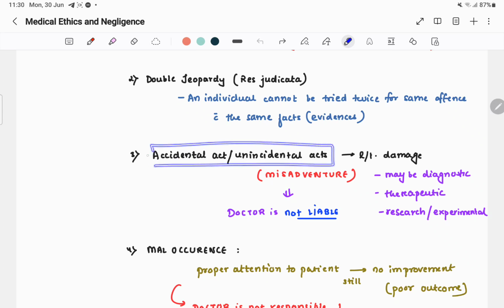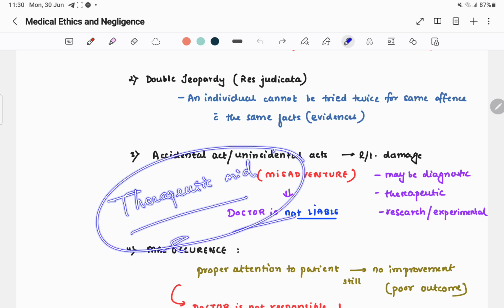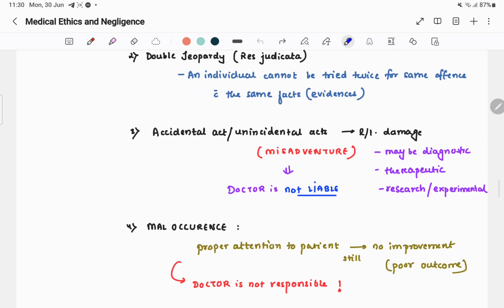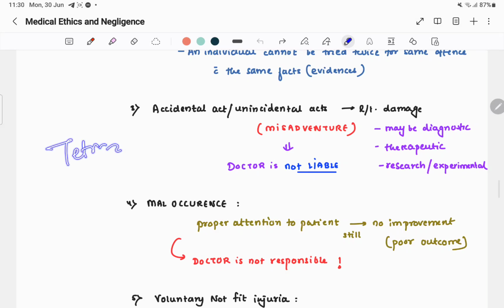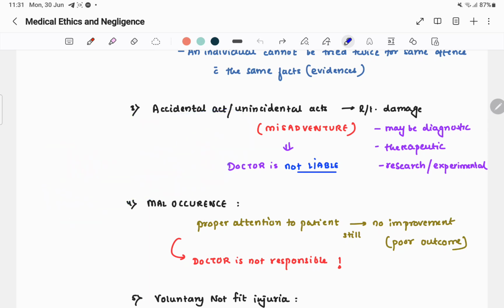Accidental act or unincidental act or misadventure, which is called therapeutic misadventure or diagnostic misadventure or experimental misadventure. Any act where the doctor is not aware of, and can't predict the risk, the doctor is not liable. You know that tetracycline will cause bone and teeth defects. If a patient is suing you for giving tetracycline, then you will be responsible.